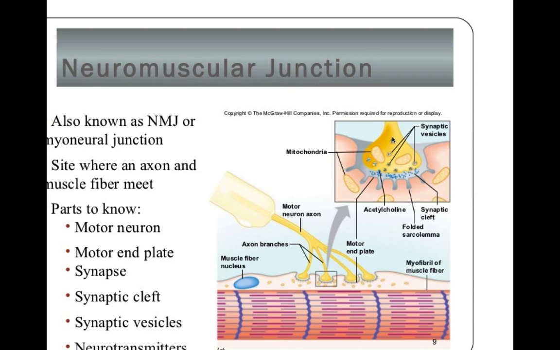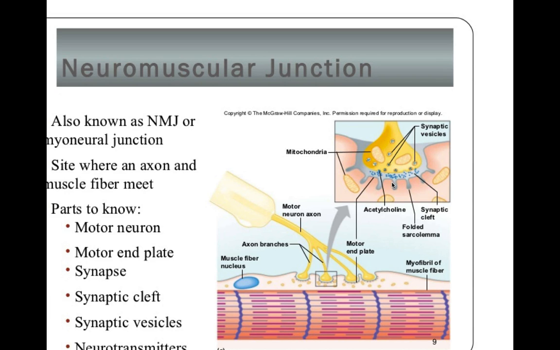Because when we get to the nervous system, this will make so much more sense. The axon is going to release a neurochemical. That is how it's going to be talking to the muscle. And the muscle has receptors that respond to those neurotransmitters. So technically, the motor end plate is just the receptors on the muscle side, the muscle fibers.